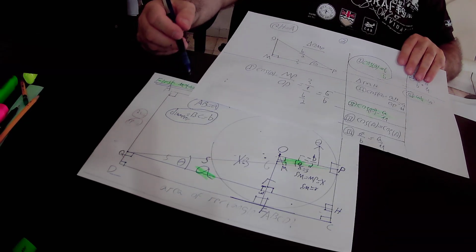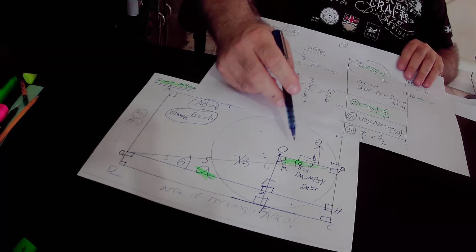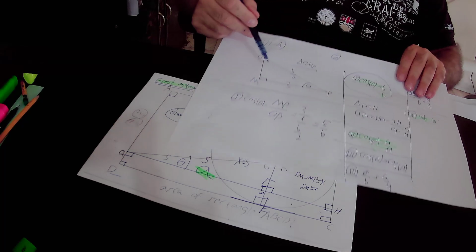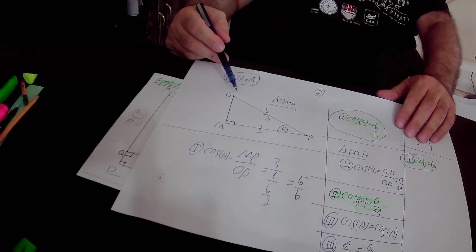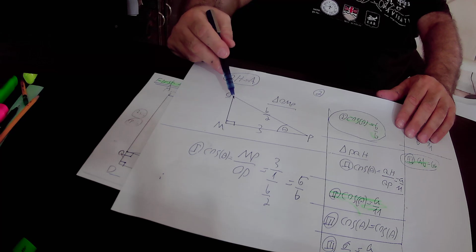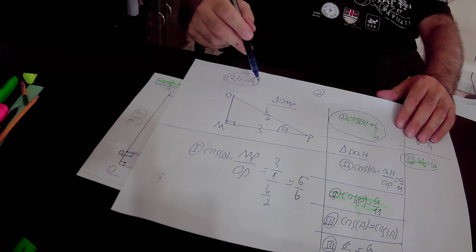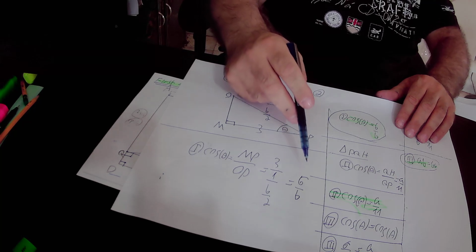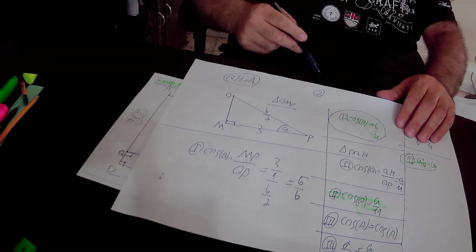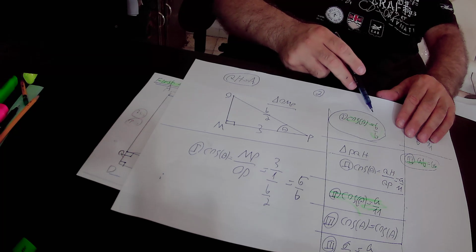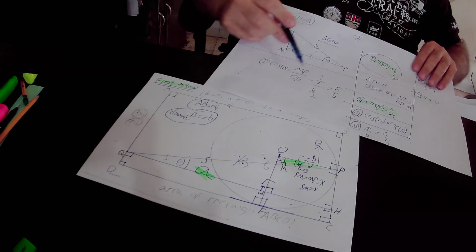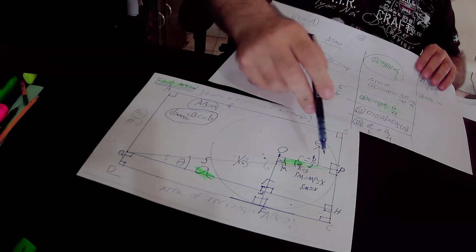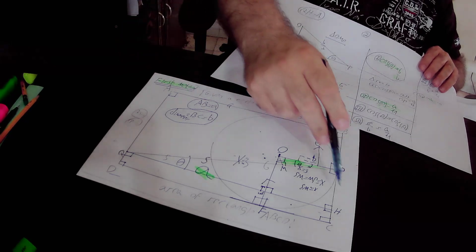Then I copied the right triangle OPM onto this new page. In the right triangle OMP, cosine theta equals 3 over B over 2, that is 6 over B. So according to equation number 1, cosine theta equals 6 over B. Then we focused on the big right triangle QPH.